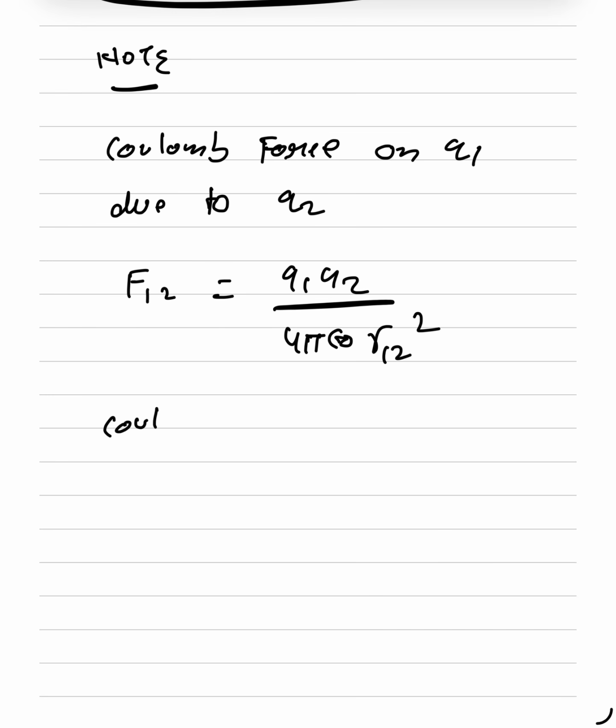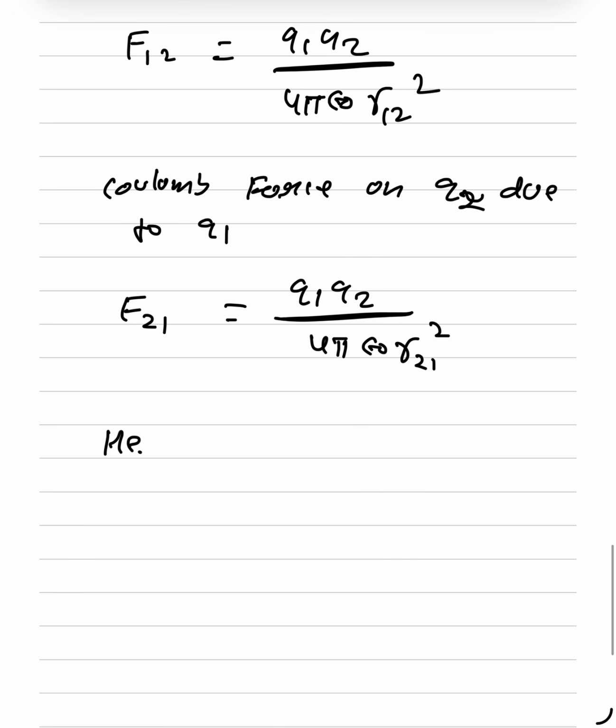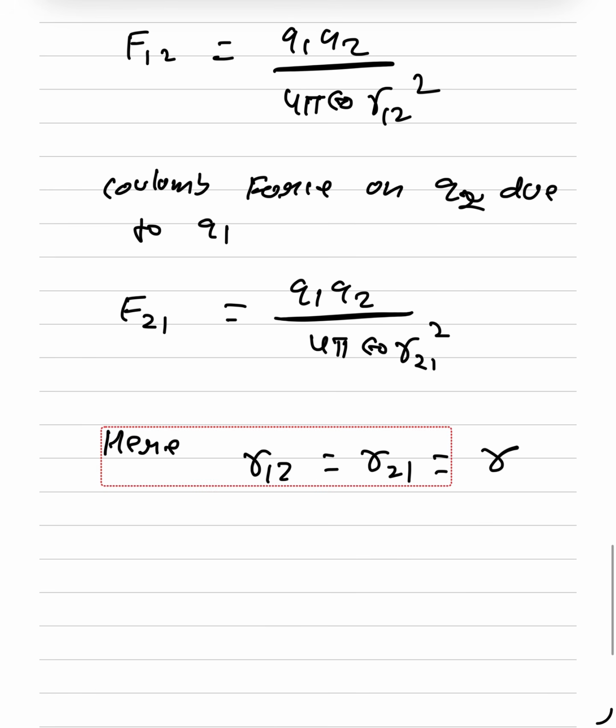And the Coulomb force on Q2 due to Q1, meaning F21, equals Q1 times Q2 divided by 4 pi epsilon naught R21 squared, right. Here R12 and R21 are equal to each other, equal to R, meaning the separation distance between both charges, right.